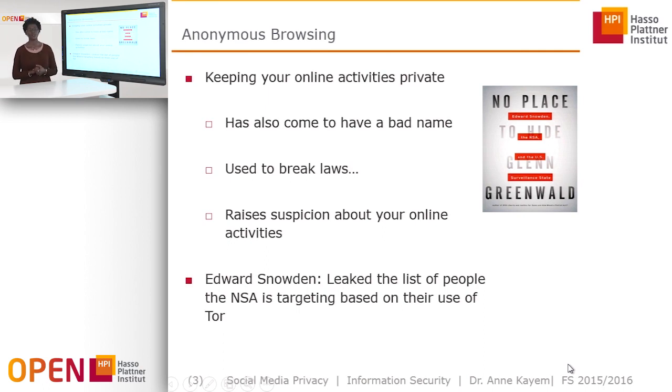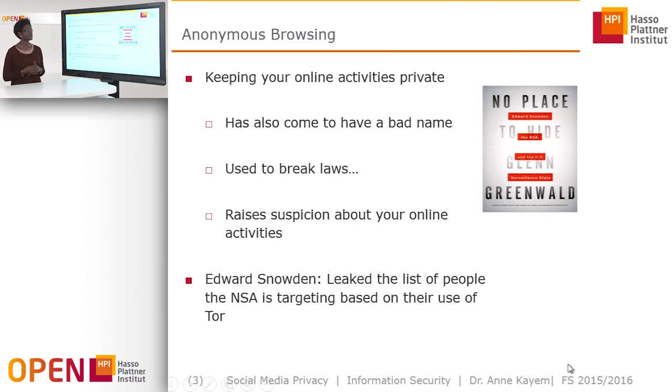Edward Snowden, you've heard about the Snowden period, the Snowden issue that led to, for example, the leakage of information of people whom the NSA is targeting based on their use of Tor.